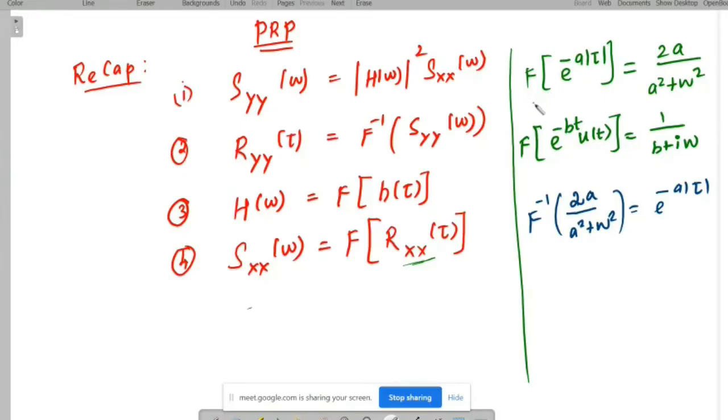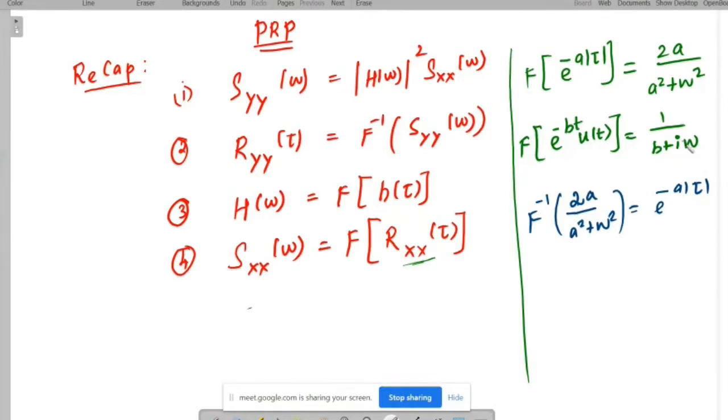The Fourier transform of e power minus a modulus tau is equal to this formula. E power minus b t u of t has the transform 1 by b plus i omega. Sometimes instead of i, they will use j. j is also known as a complex operator, that means the imaginary number, right?